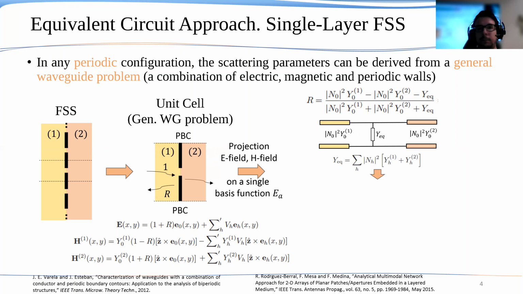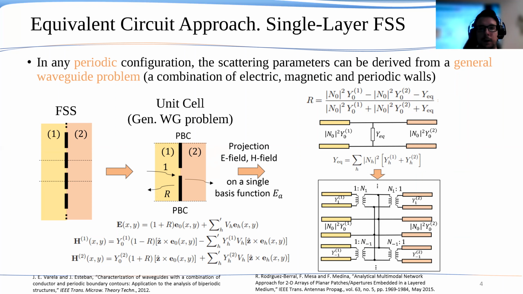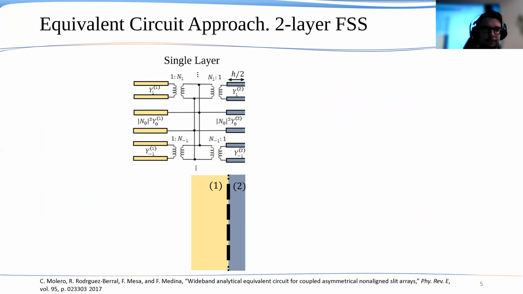This will be the simplified version of the circuit, but we are especially interested in obtaining an expanded version of the circuit. This will be of interest in order to construct the equivalent circuit for stacked configurations. By simply expanding the equivalent admittance, we will arrive at the following equivalent circuit.